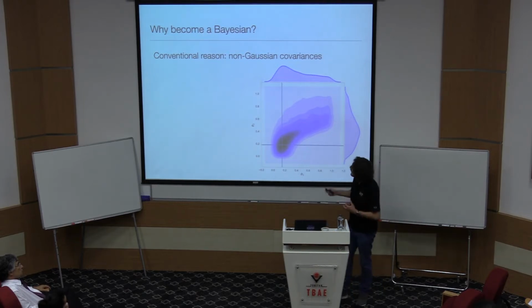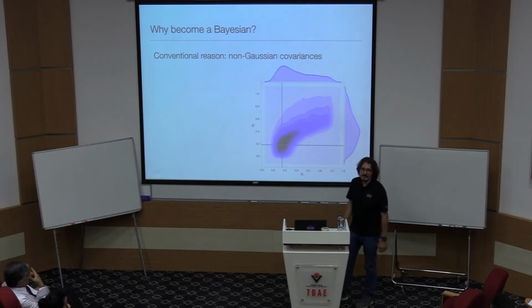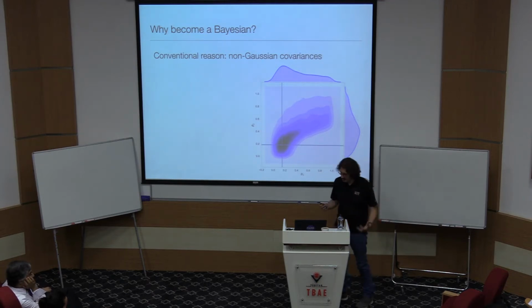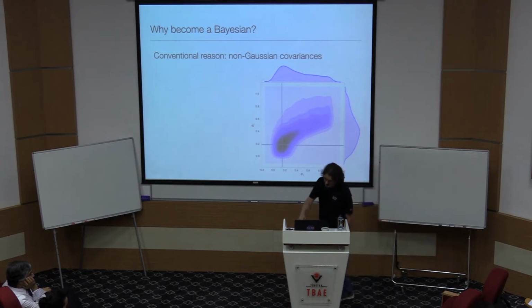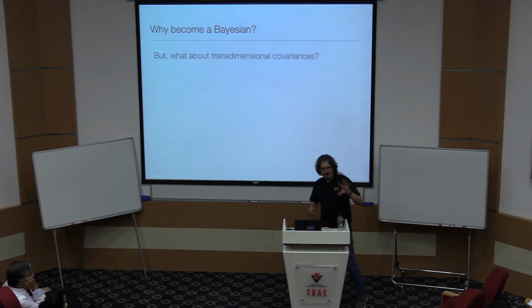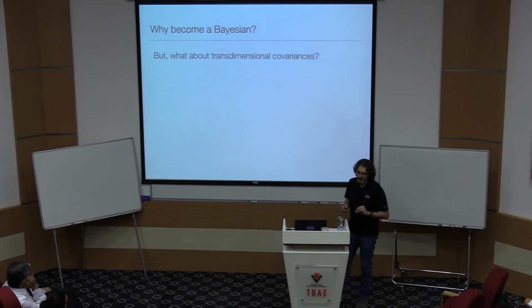So the takeaway message from this slide is that sometimes you need to take into account such covariances, such banana-like shapes in your posterior, or when I say posterior, I currently just mean the probability density function. So in order to take these into account, you have to be Bayesian.